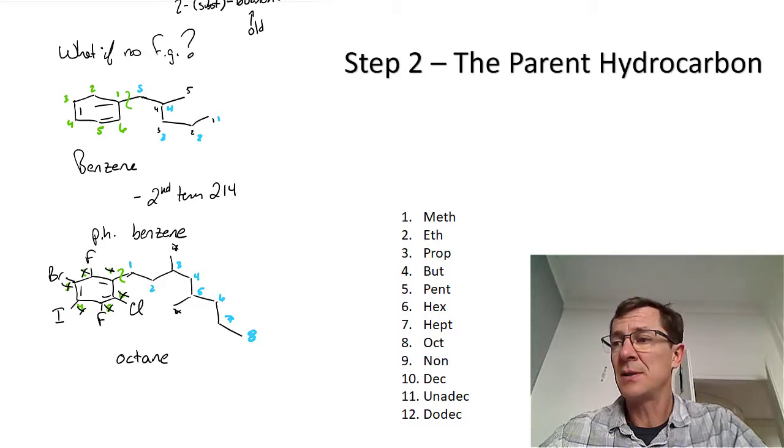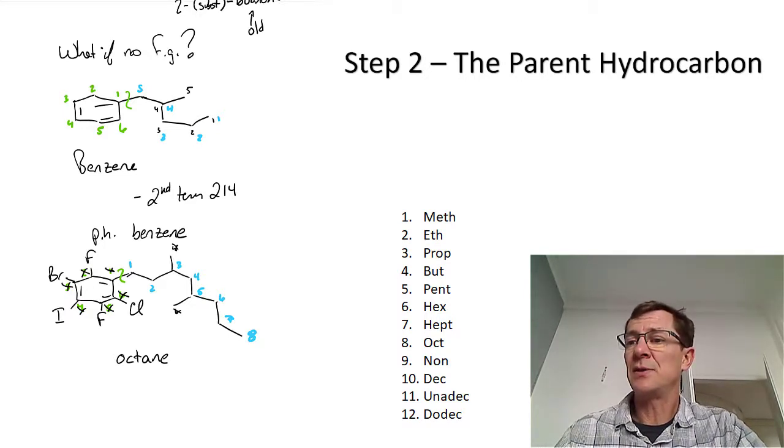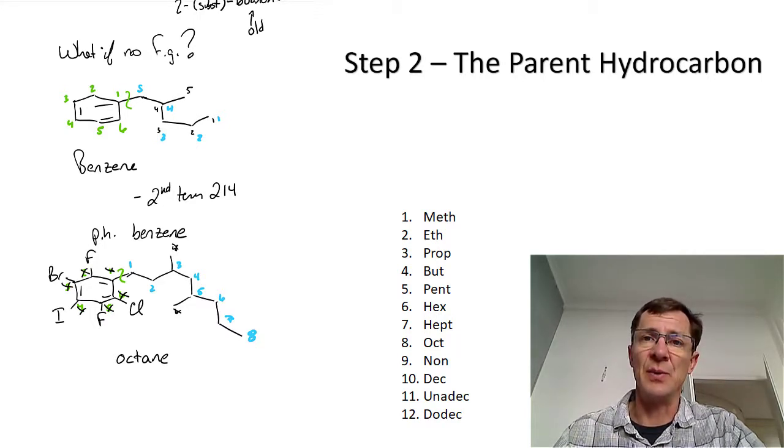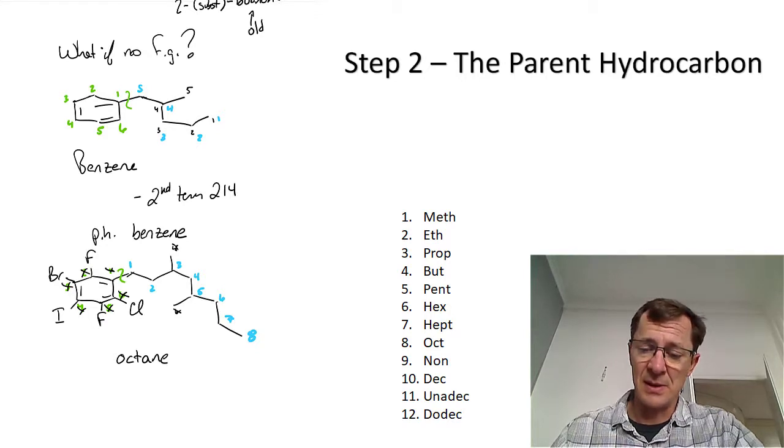There is not a lot of subtlety to finding the parent hydrocarbon with most molecules, as long as they have a functional group. Again, with apologies, because I know you've suffered through it before. If it's a pure alkane, an alkyl halide, or an ether, those can be a little bit tricky to sort out. But we don't have to do it very often.